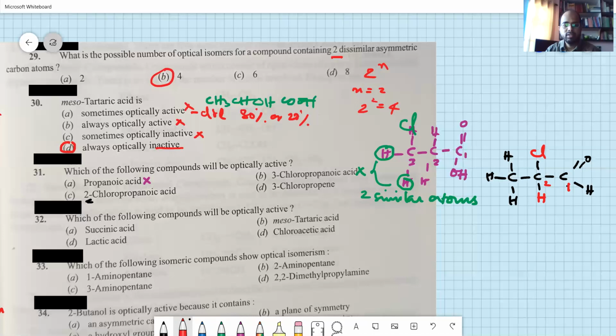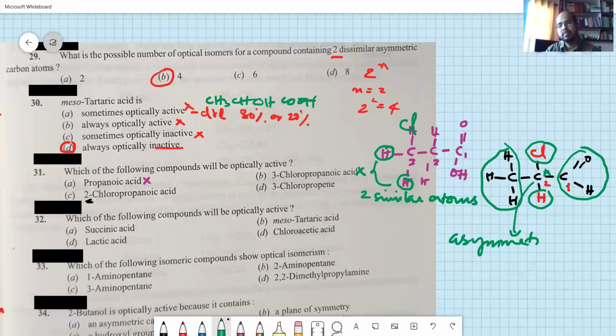So you can see that you have got 4 different groups there. This is one group, this is another group, and this is another group, and this is another group. So this is an asymmetric carbon atom. Therefore, it is optically active. So C is the right answer there.